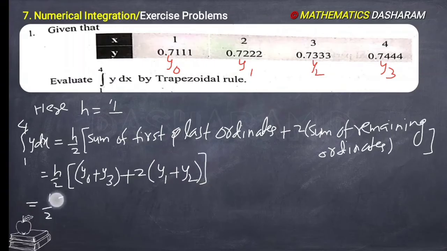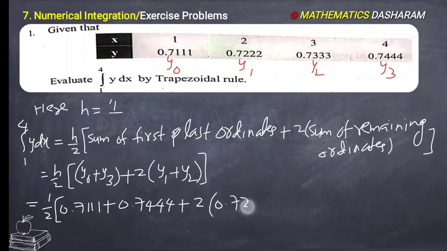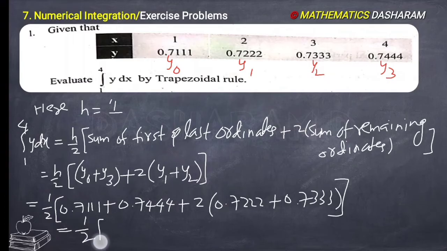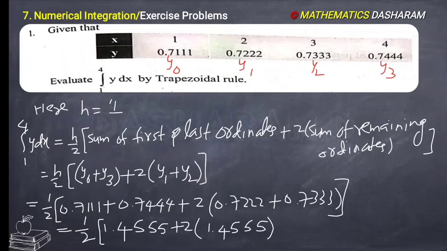Now h value 1 by 2, y0 is 0.7111 plus y3 is 0.7444 plus 2 into y1 0.7222 plus 0.7333. Now let's simplify this. 1 by 2 bracket of 0.7111 plus 0.7444, so it is 1.4555, plus 2 into the addition of these two, 1.4555. Now it is equal to 1 by 2.